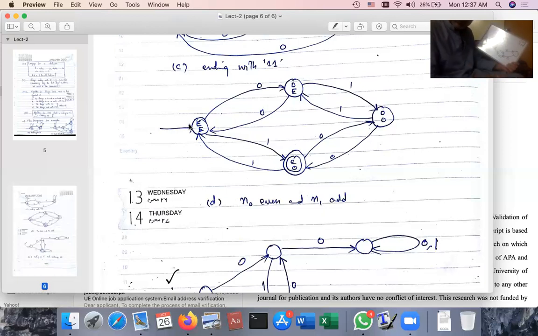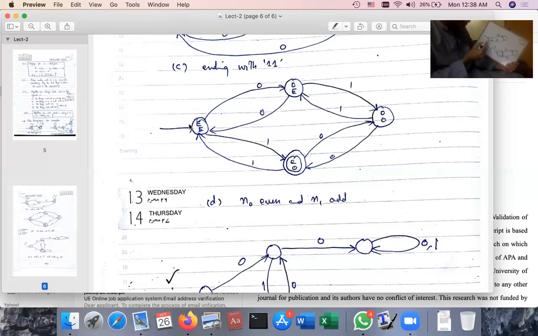So what is my language? Number of zeros can be even, number of ones can be odd, and so 0 0 1 1. Number of zeros is even, number of ones can be odd. So okay, this is now my new string. 0 0 1, and up to this part is okay, but what about this one, because number of ones is 2, number of zeros is 0.